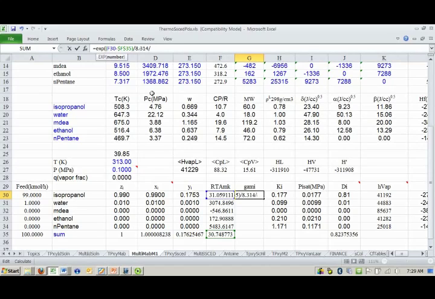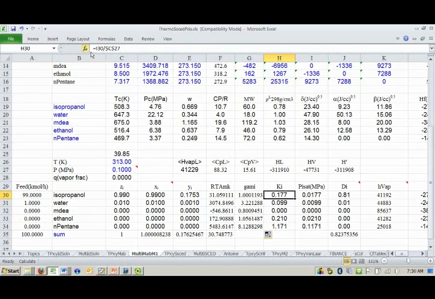Divided by 8.314 divided by t, and I don't want that to change. It looks more like it. Okay, it should be around 1 because it's practically pure isopropanol. And we see that it's negative between the MDA and the water, and kind of expected that. I think that looks all right.